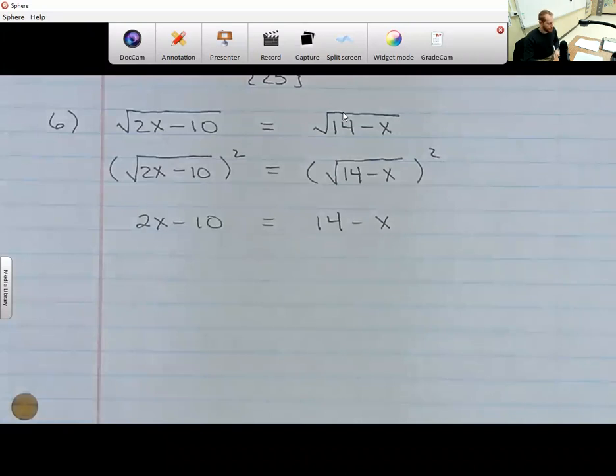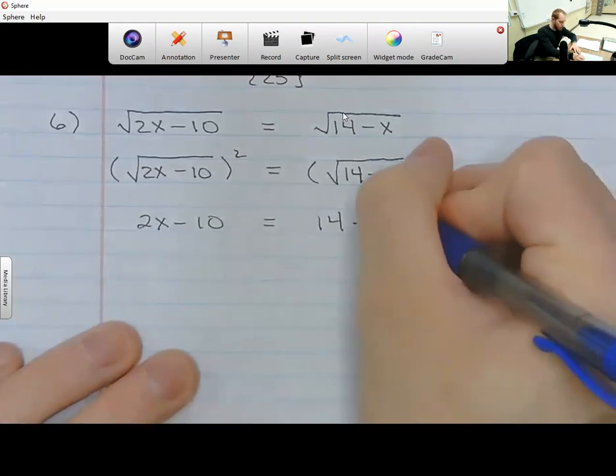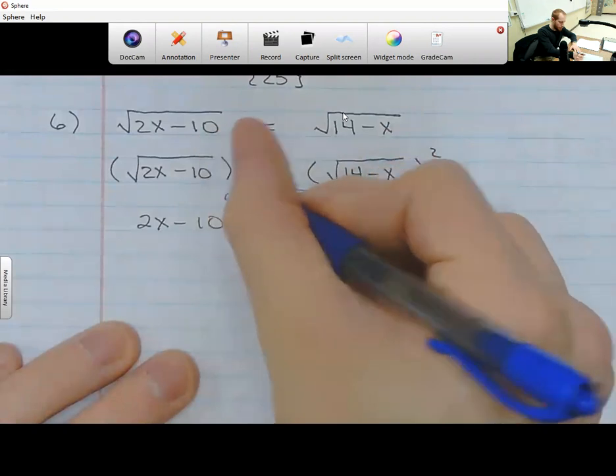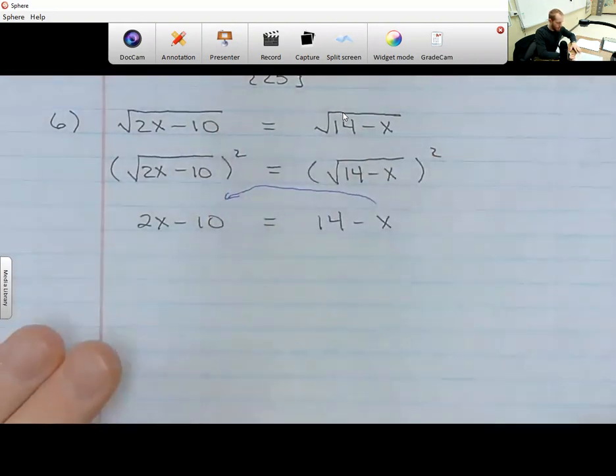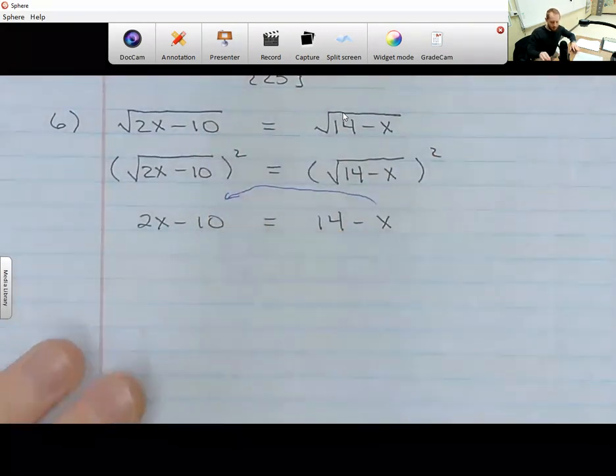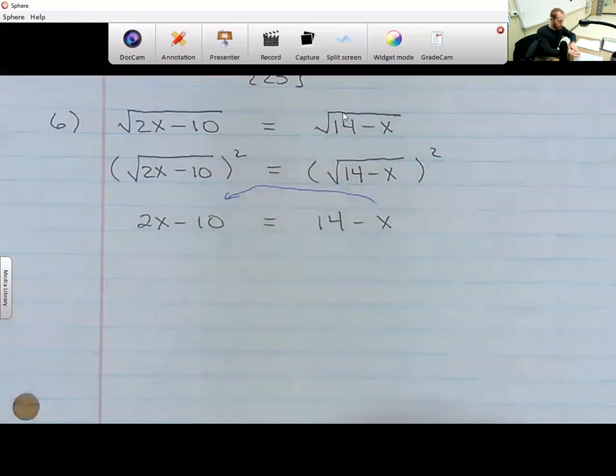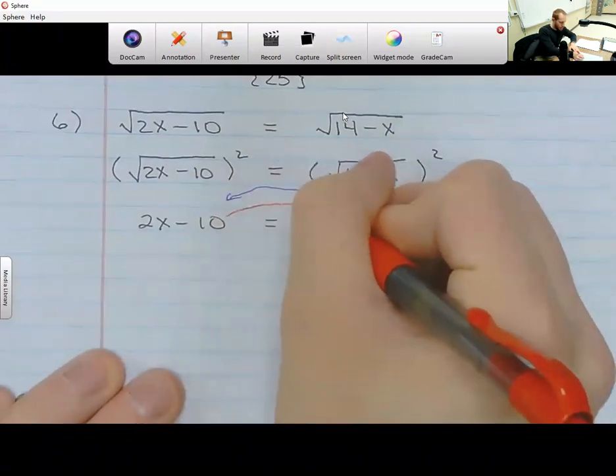So now I've got an equation where I have x's on both sides. What I'm going to try to do is get all the x's on one side and all the regular numbers on the other side. Using blue for a second, I want to get this x all the way over here, and I'll do this in red, I want to get this 10 all the way over here.